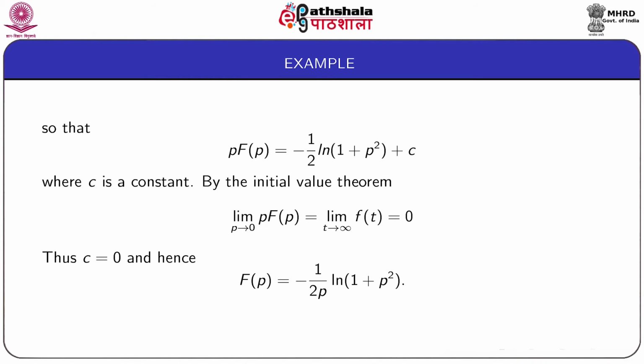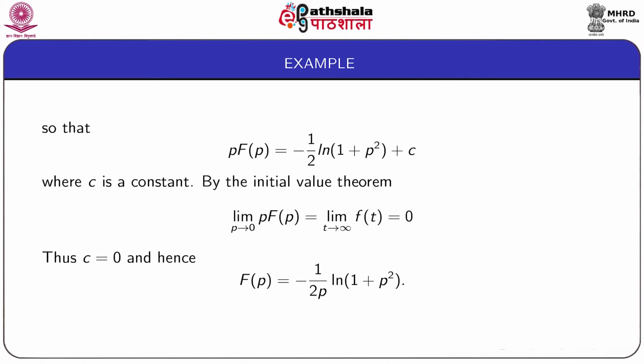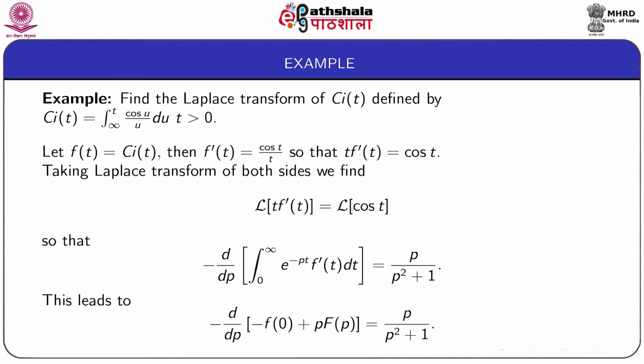Now, from the initial value theorem which we have learned, we know that limit p tends to 0 of p F(p) is equal to limit t tends to infinity of small f(t). And since we have taken small f(t) as the Ci function, from the definition of the Ci function we know that as t tends to infinity, f(t) is equal to 0.